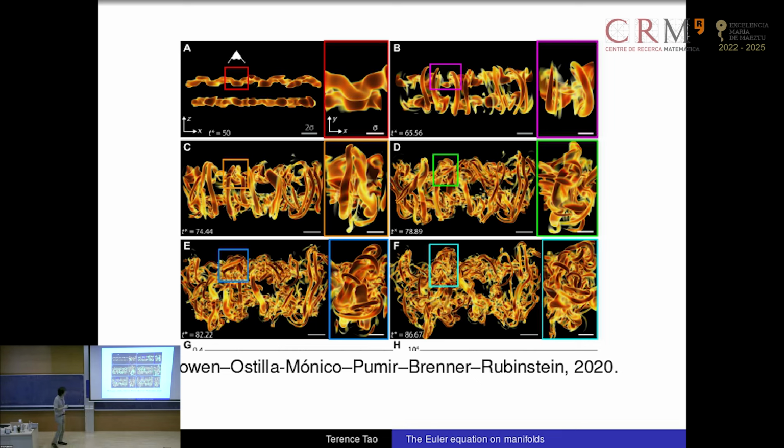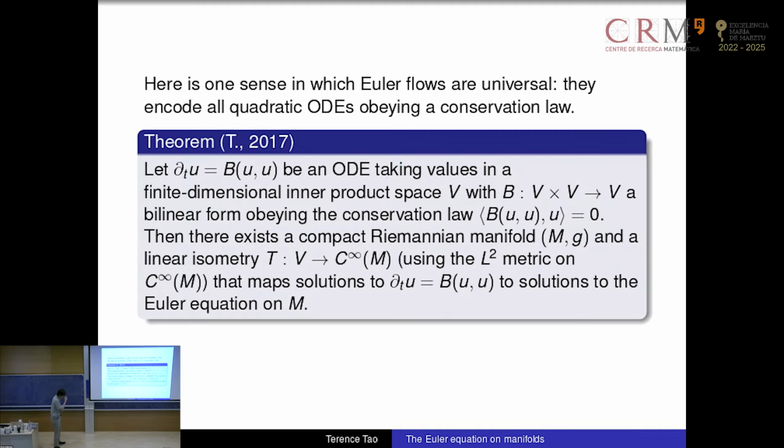But there is some possibility that you could make a neck pinch type singularity rigorous, possibly, but I was never able to take it much further.